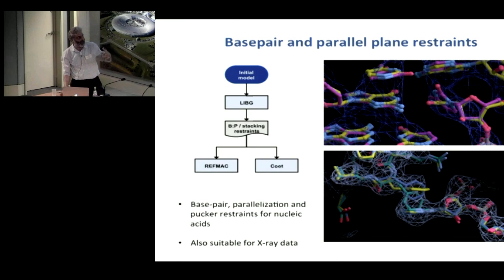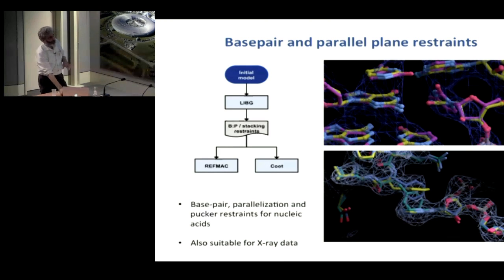Basepair restraints say that if there are two bases that are close to each other, then it's very likely that there will be a hydrogen bond between them. But there may be rotation or there may be buckling, and this kind of information is encoded in basepair restraints.